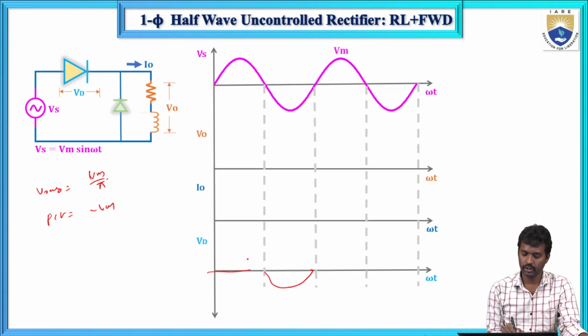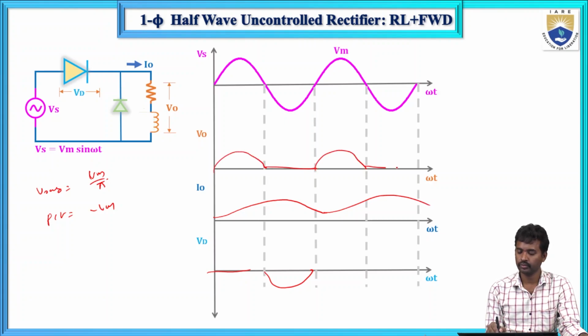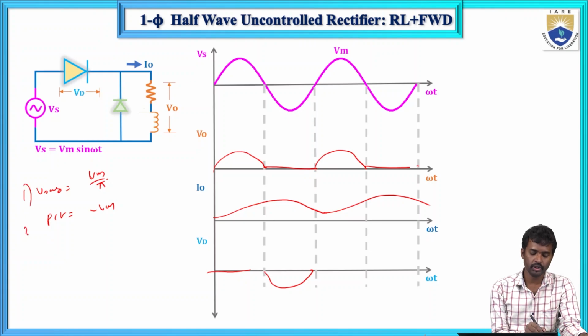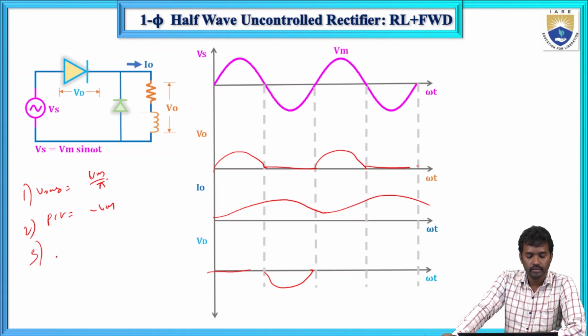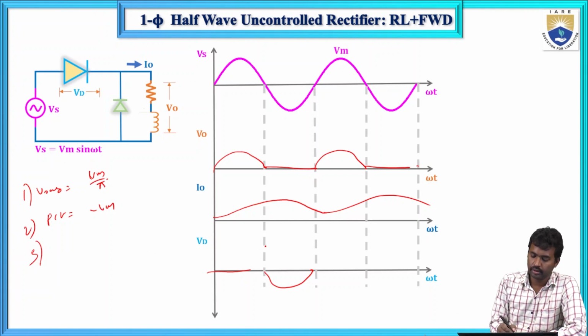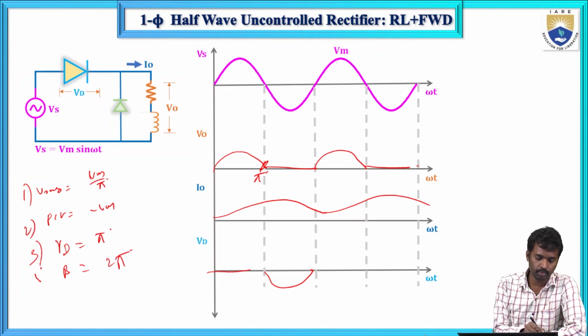Next, gamma of d equals pi only; it is conducting up to pi only. And beta equals 2 pi.